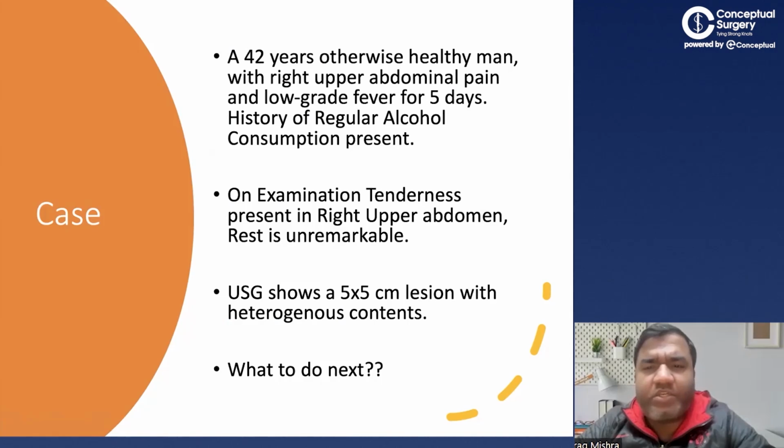Patient has a history of regular alcohol consumption, and when you examined, you found little tenderness in the right upper abdomen, and otherwise, the rest of the examination was unremarkable. We did the ultrasound, and ultrasound showed a 5 into 5 centimeter lesion with heterogeneous content. This is the typical description of an abscess cavity, which is in the liver. And now, what to do next?